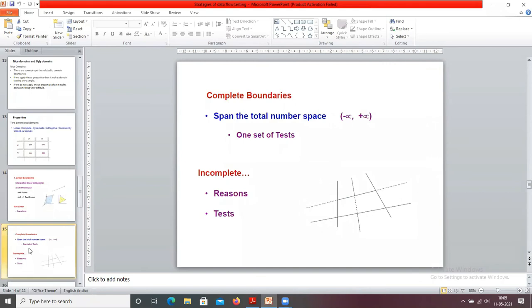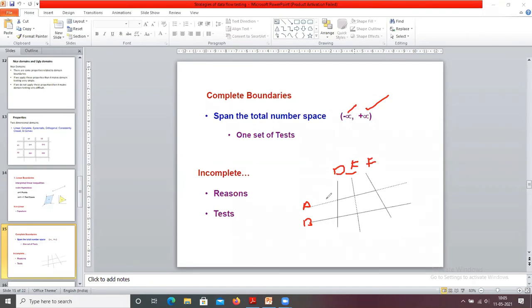And the next one is complete boundaries. Here the boundaries span the total number space from minus infinity to plus infinity. So this is an incomplete domain boundary. If you observe this diagram, this is A, B, D, E, F. Here the dotted lines A and E have gaps.